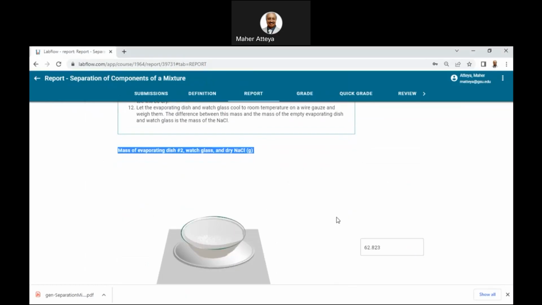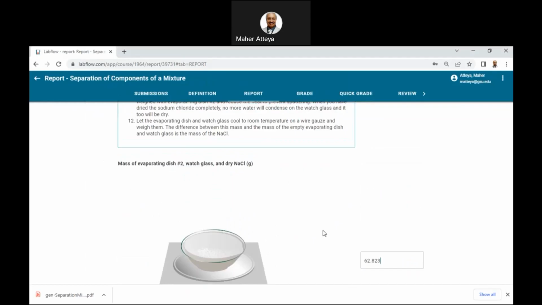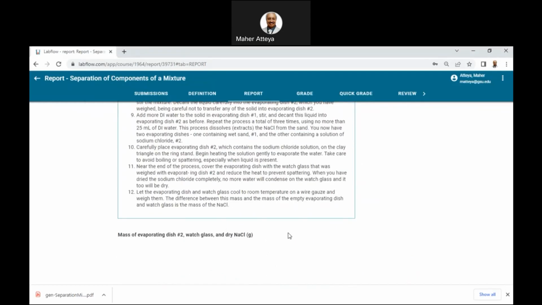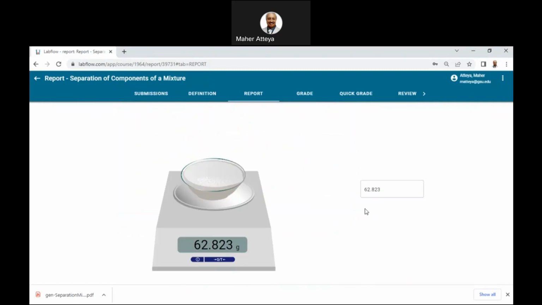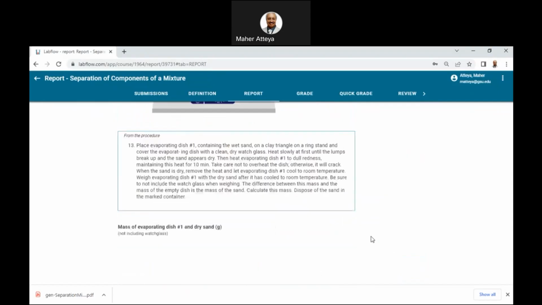So mass of evaporating dish 2, watch glass and dry sodium chloride is 68.823. Next.